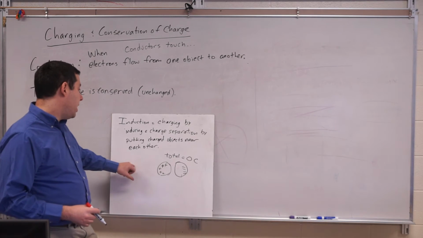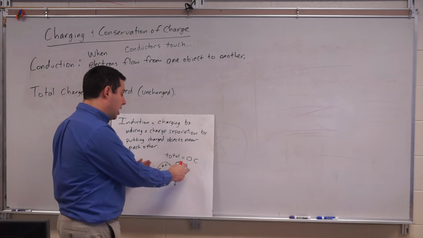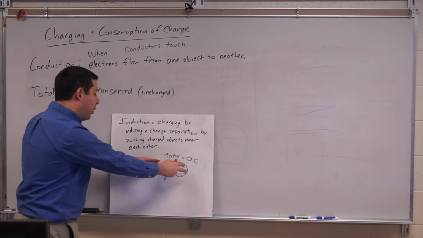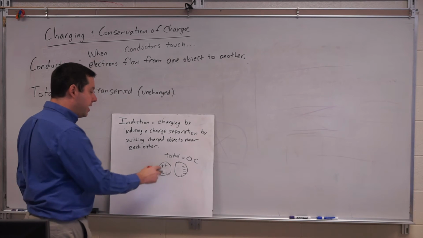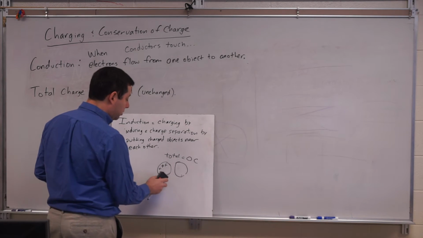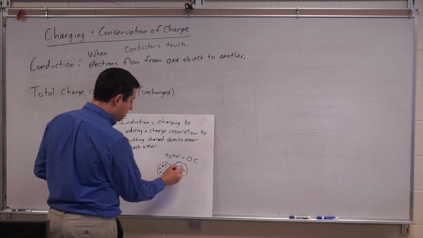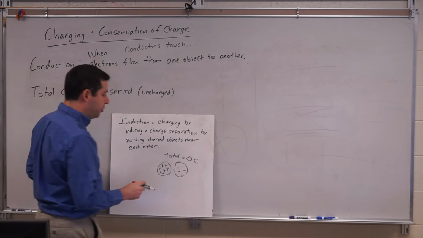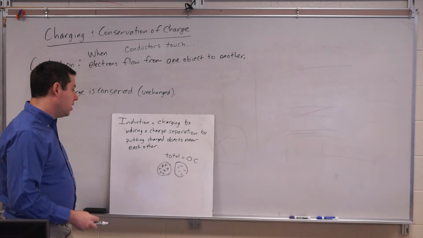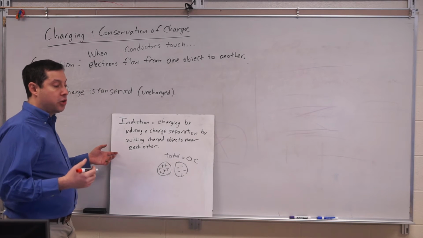We brought a negatively charged object near them, caused a charge separation, and separated these two, and you have a negative sphere and a positive sphere. You would distribute those positives and negatives a little more evenly. So this is what is called induction.